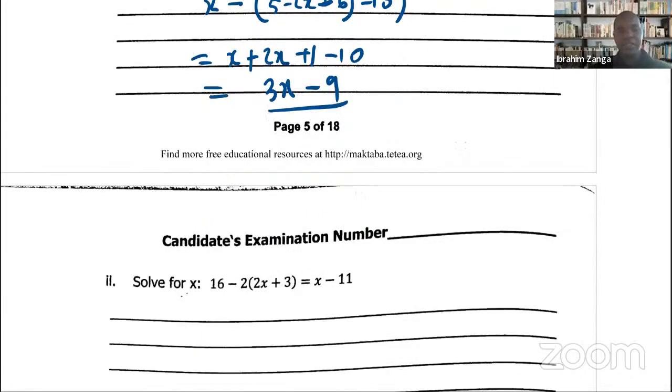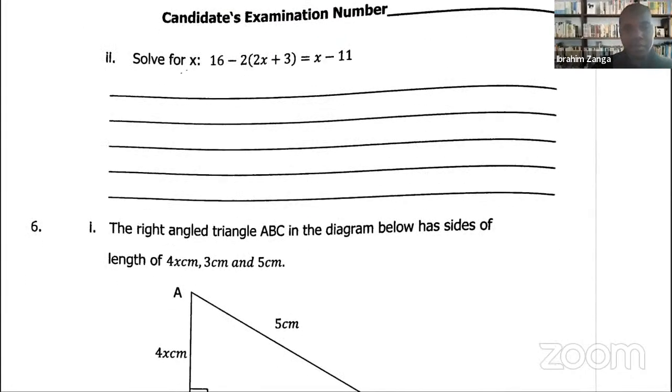The next one, solve for x. So we are going to solve for x here. We say that actually 16 minus, we open the bracket, 4x minus 6 equals x minus 11.